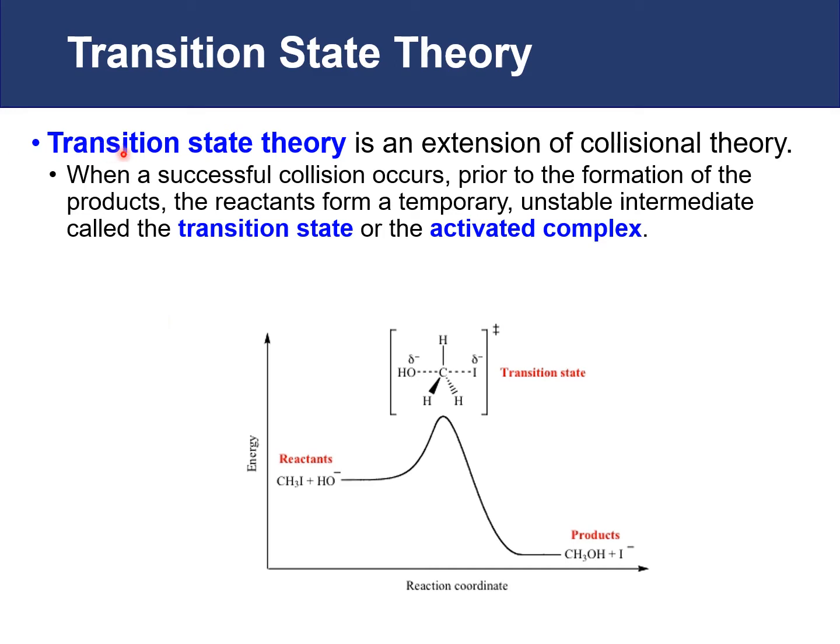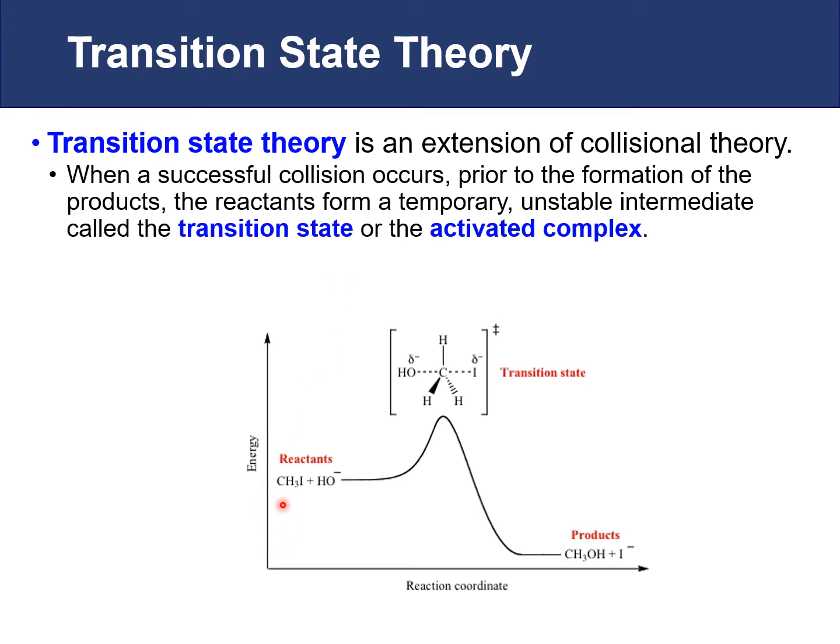Transition state theory adds to this, saying when a successful collision occurs, prior to the formation of products, the reactants will form a temporary, unstable intermediate that we will call the transition state or the activated complex. You'll see it in either one of these two forms, transition state or activated complex. They're used interchangeably. It depends on where you're looking for which one you will see.